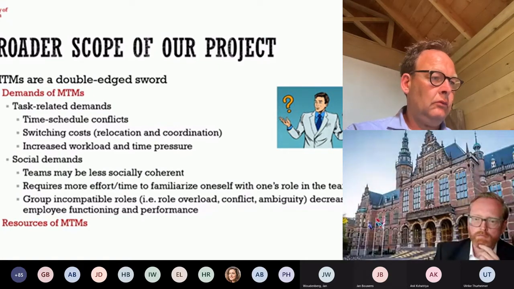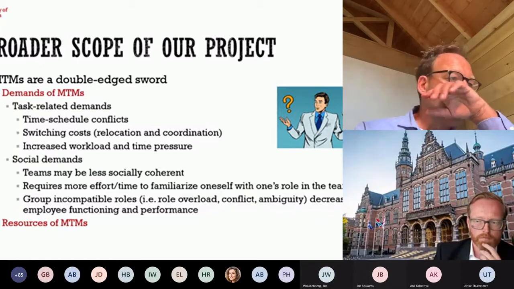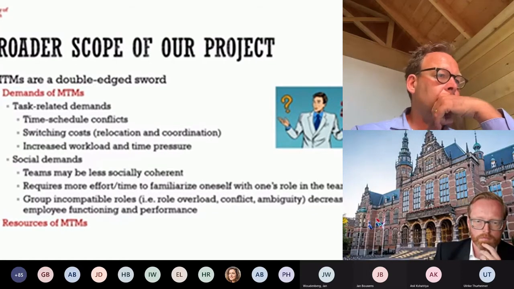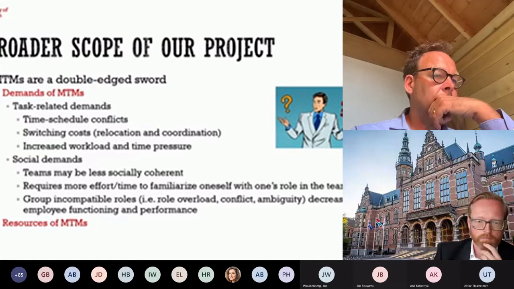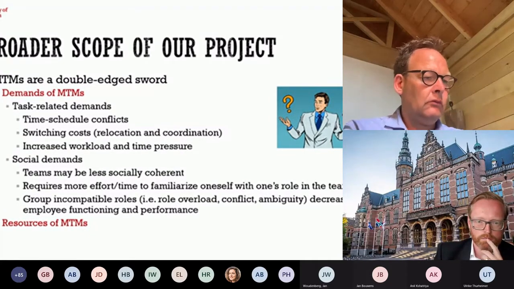First, very briefly on the demands, which is related to one of our prior projects: you can make a distinction between task-related demands and social demands.